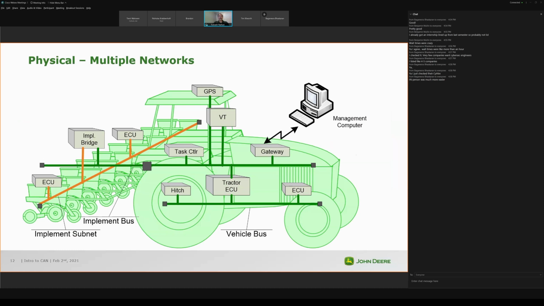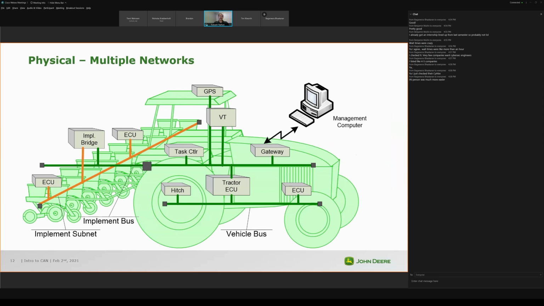We have more than 100 controllers on a typical machine, but a vehicle bus is separated out and it's connected to an implement bus through a tractor ECU or a bridge or a gateway. So you kind of isolate and say only certain messages can pass through.